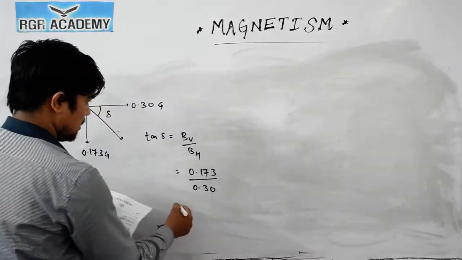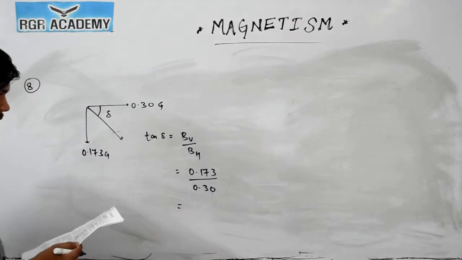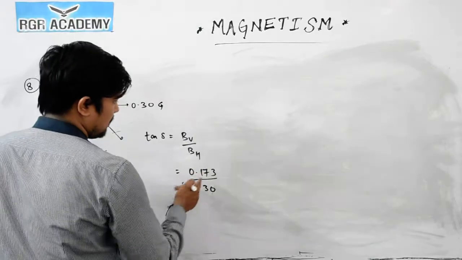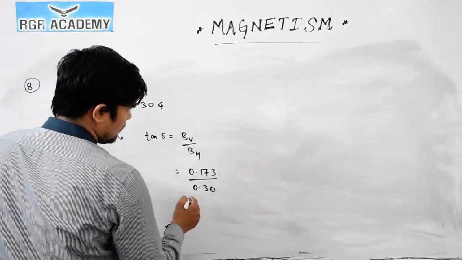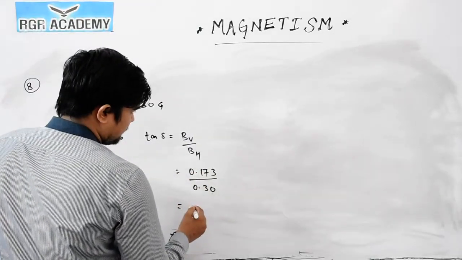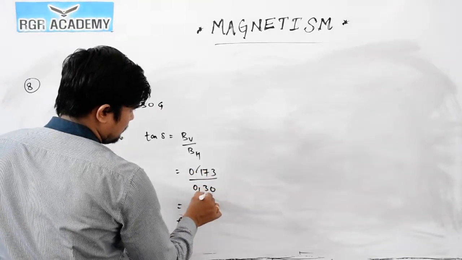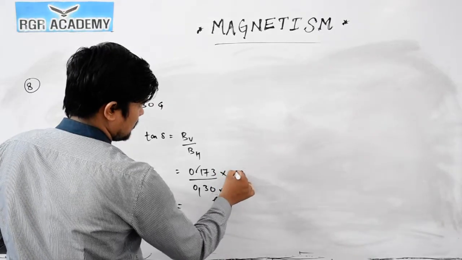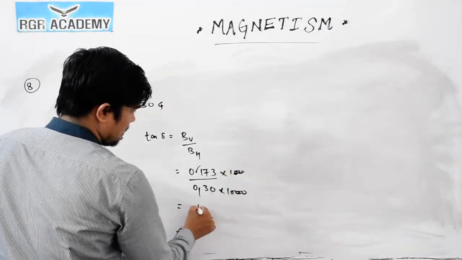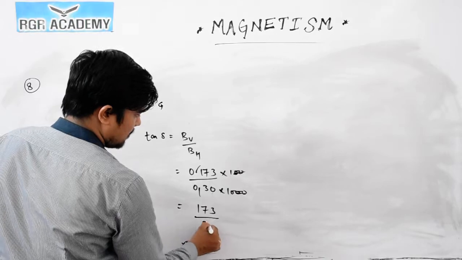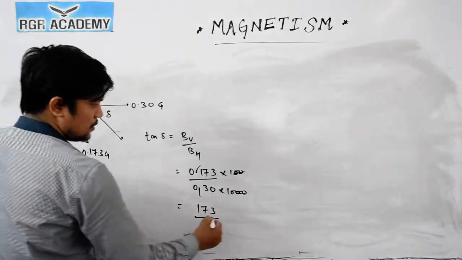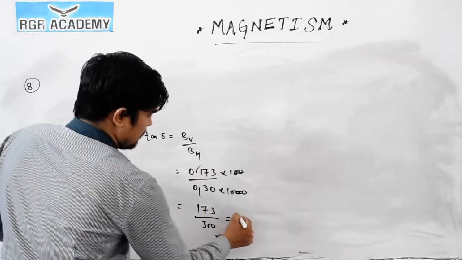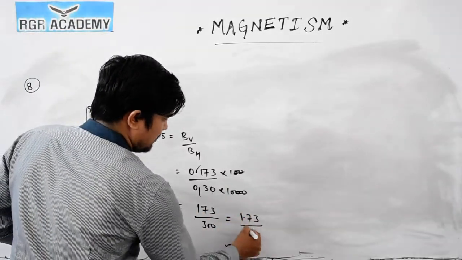So if you solve this, it will be equal to 0.173. If you remove the decimals, you will get 100. So how much do you get? 173 by 300. So that we can write as 1.73 divided by 30.